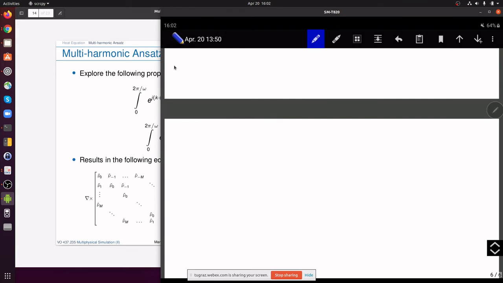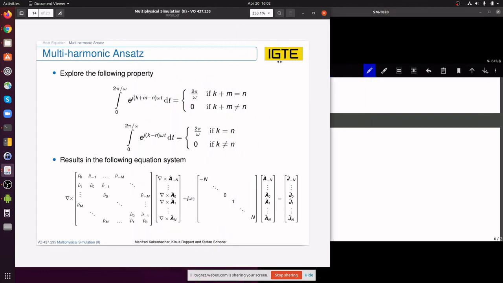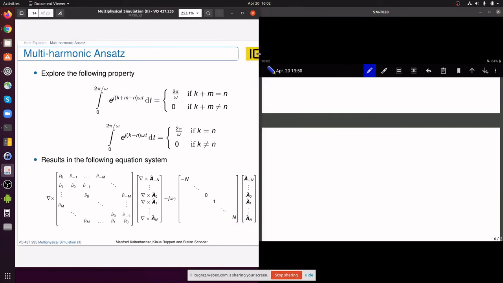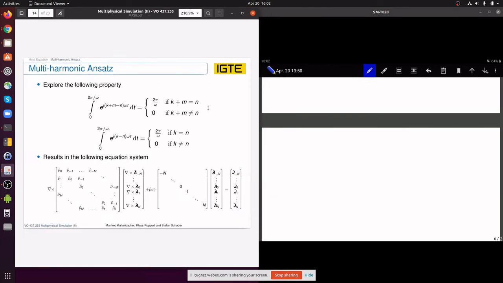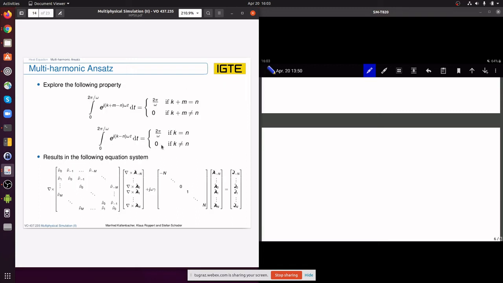Okay, so maybe I'll do it side by side. Yeah, let's start with the first row, where small n is minus capital N. So this first line here.